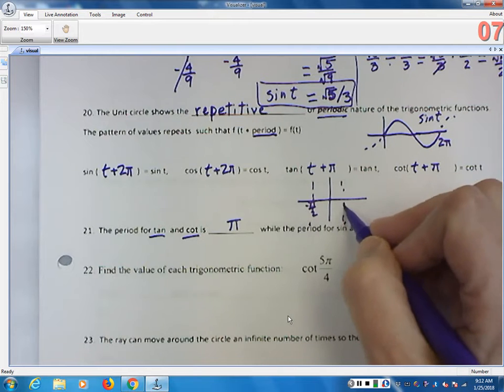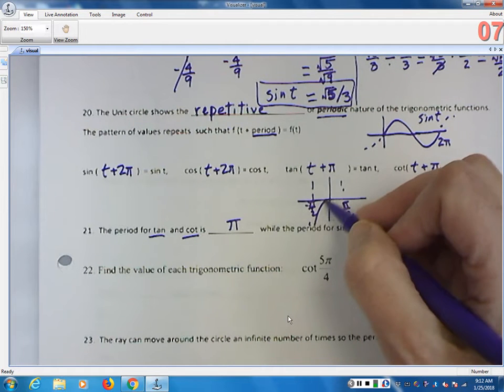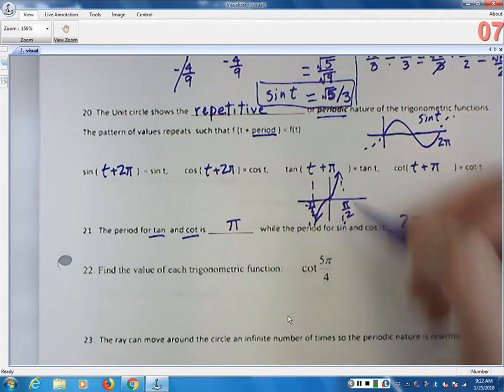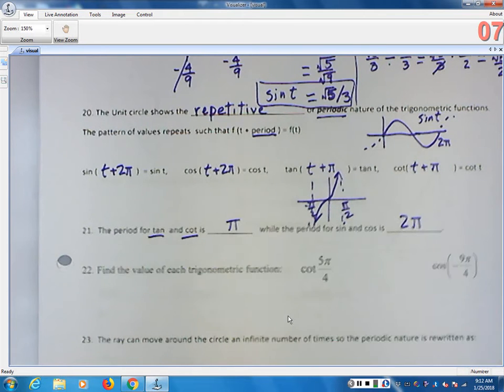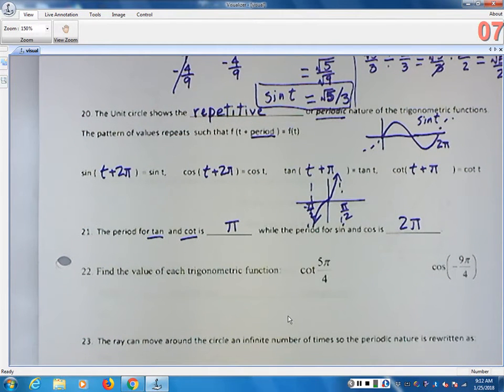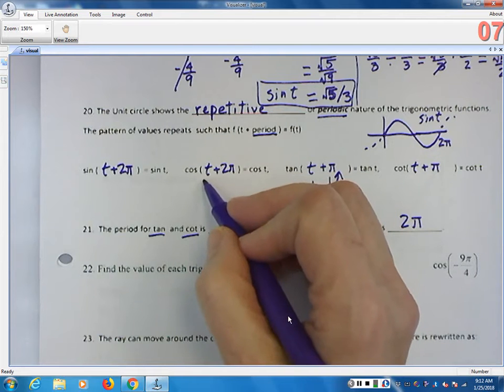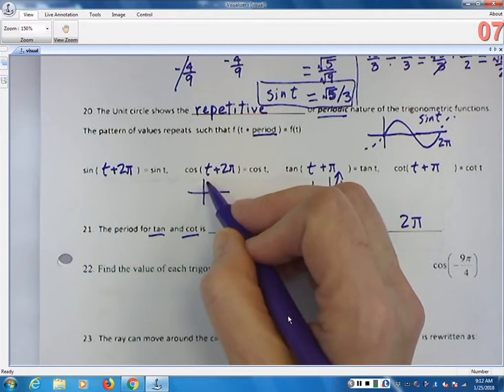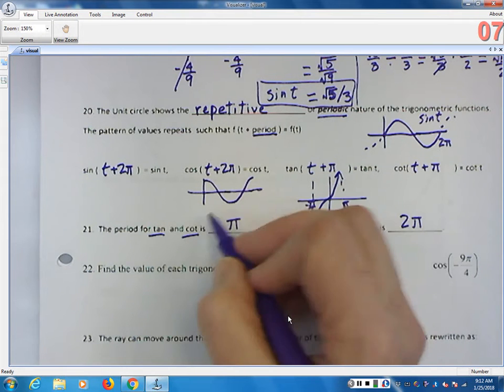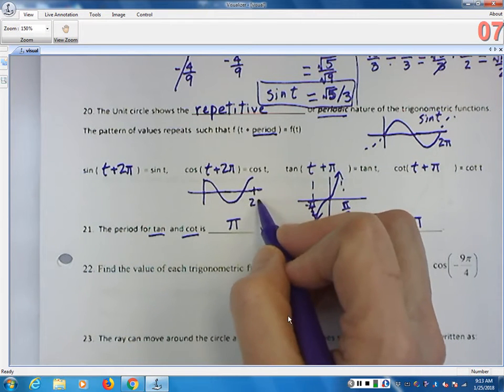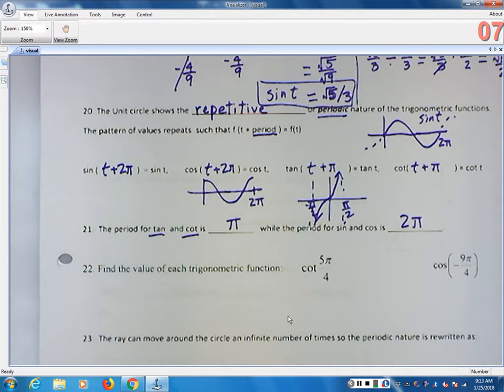This is pi over 2. Sorry, that's pretty rough, but anyway, it's got a period of pi, and cotangent is moved over. Cosine looks like this. I have these memorized, and it just depends where you start. Cosine looks like this. This is 2 pi, and then it repeats. It depends what part you draw.